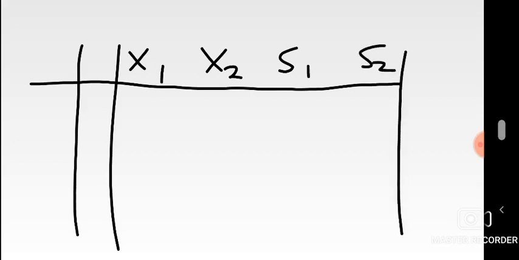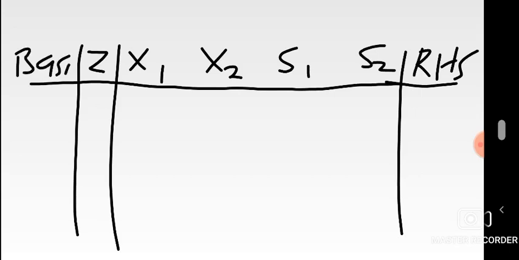Let me write that: x1, x2, s1, s2, and your right hand side. You have your z there and your basis here. You're on your last matrix at this point, and you get this solution of some sort.